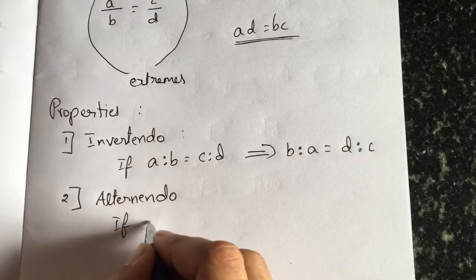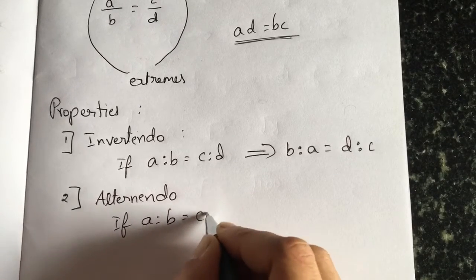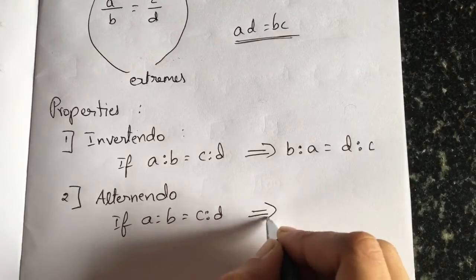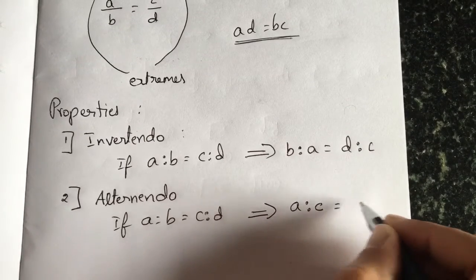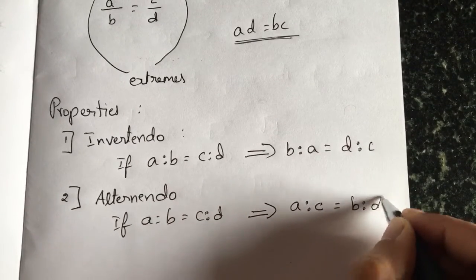If A is to B is equal to C is to D, then A by C, or A is to C, is equal to B is to D.